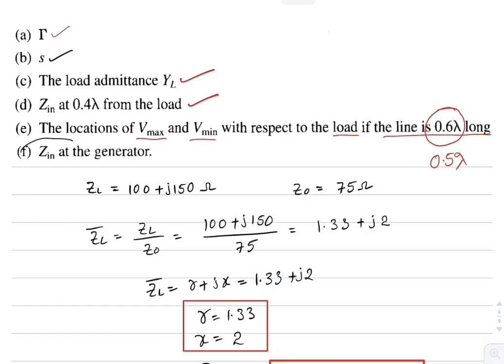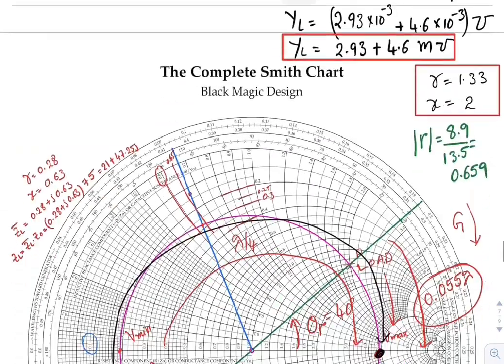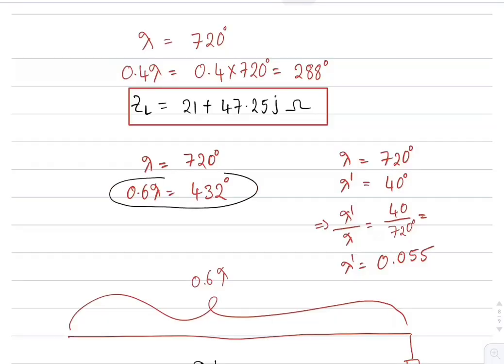The next question is input impedance at the generator. Input impedance at the generator means impedance at a distance of 0.6 lambda, right? We already saw 0.6 lambda corresponds to 432 degrees. 360 degrees represents one rotation.